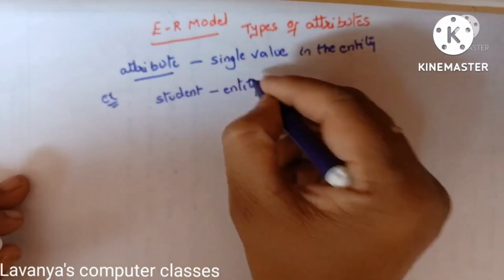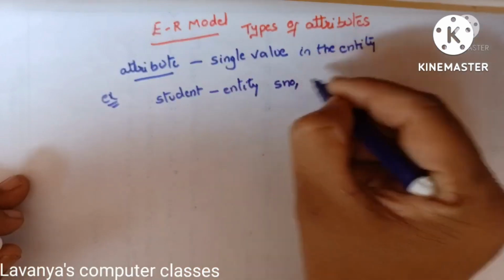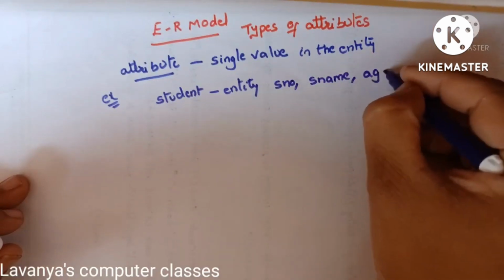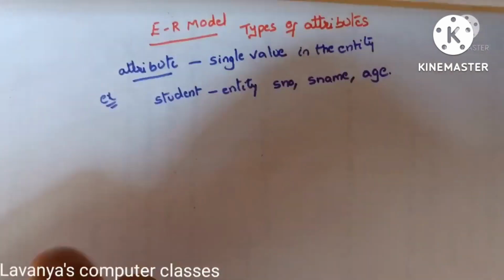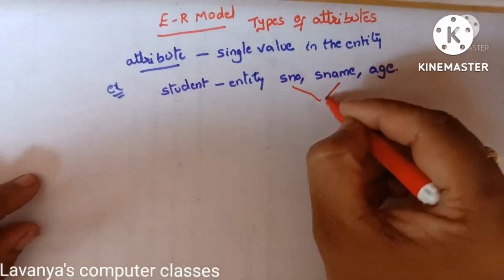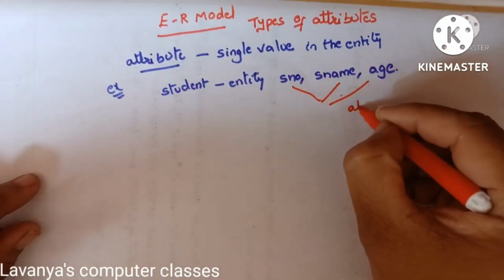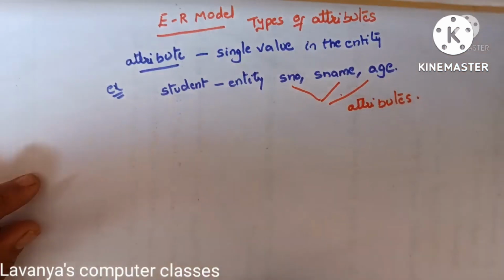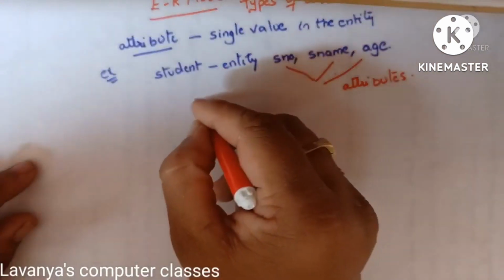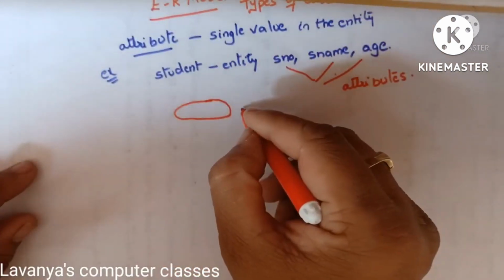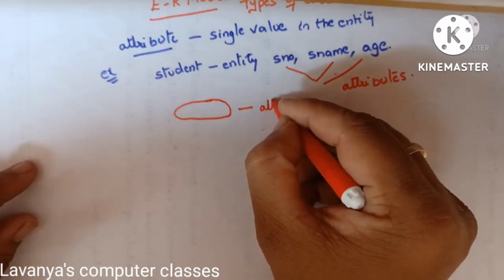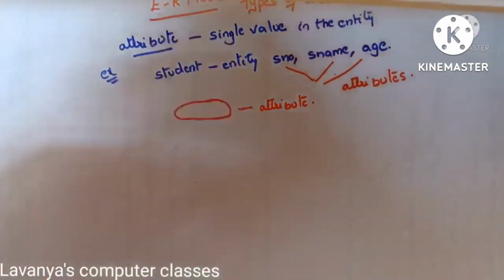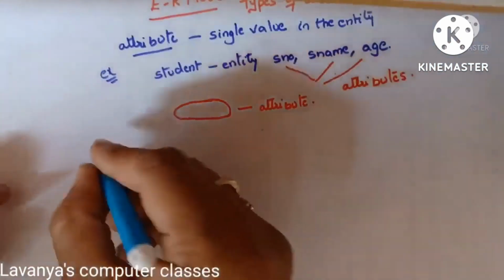The values taken in the student entity are serial number, student name, age, like this. All are known as attributes of the entity student. Attribute means single value. Serial number is a single value. So in ER diagrams, an ellipse is used for representing an attribute.